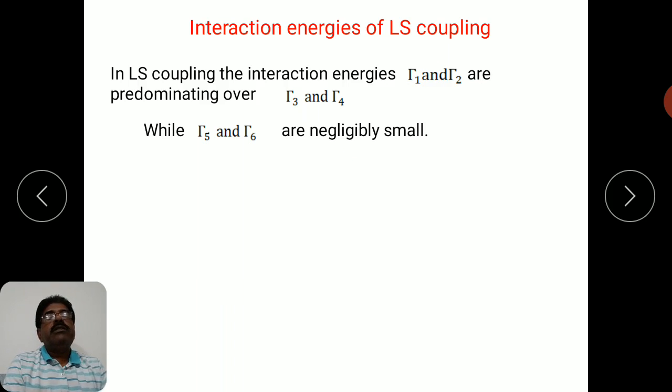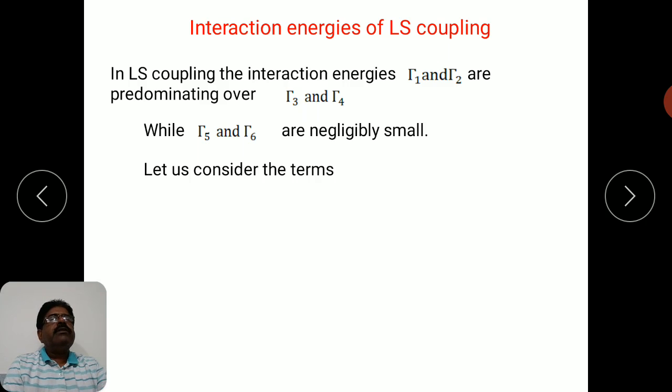Whereas gamma 5 and gamma 6, of the 6 equations we have just written to represent the interaction energy, are negligibly small, because for the vectors involved there the rate of precession may be too small. So they are very weak, you can say negligibly small.